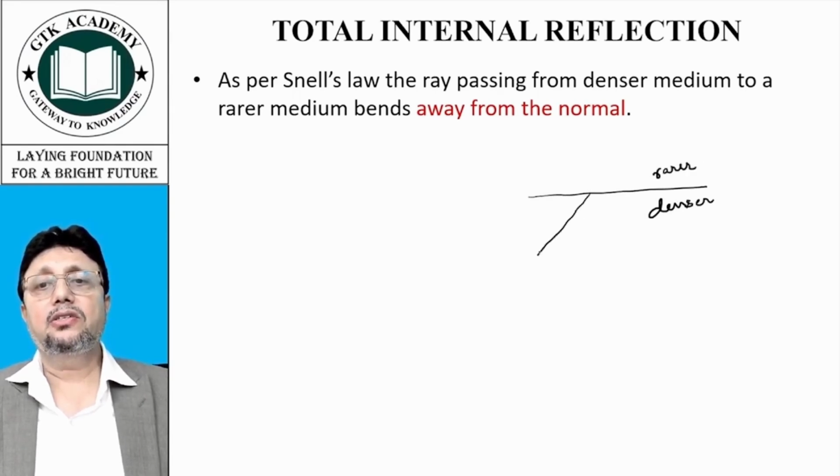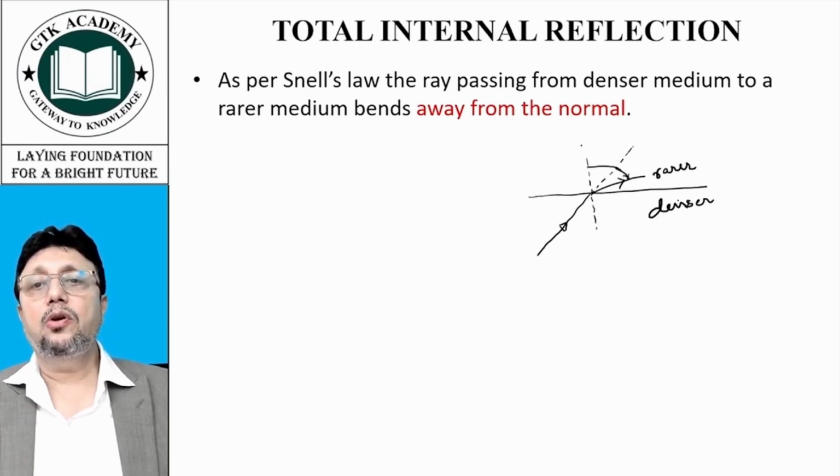If the light ray is striking like this, you draw a normal. If it goes straight, it would have gone like that. But when it passes from a denser to a rarer medium, it will bend away from the normal. See, it has gone a bit away from the normal. This is your normal.